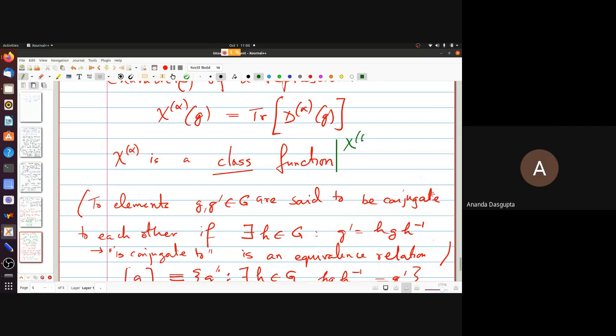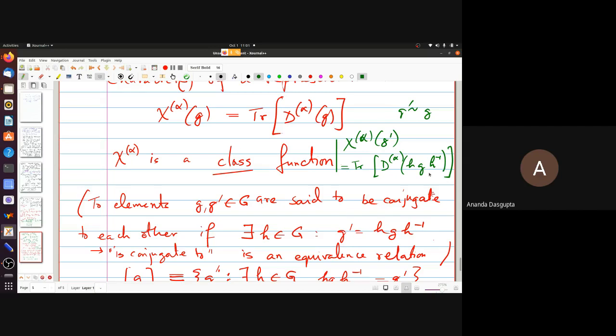Because if G prime is in the same class as G, then chi alpha of G prime is the trace of D alpha of G prime, but G prime is H G H inverse. Using the fact that this is a representation, D alpha of H G H inverse is D alpha of H times D alpha of G times D alpha of H inverse, and then use the fact that trace is cyclic to show that that's the same as the trace of D alpha of G.